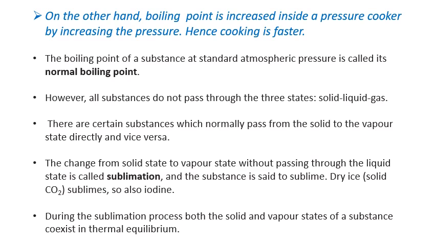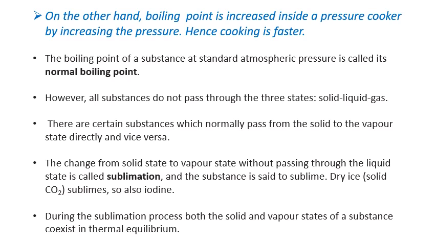On the other hand, boiling point is increased inside a pressure cooker by increasing the pressure, and hence cooking is faster. The boiling point of a substance at standard atmospheric pressure is called its normal boiling point.